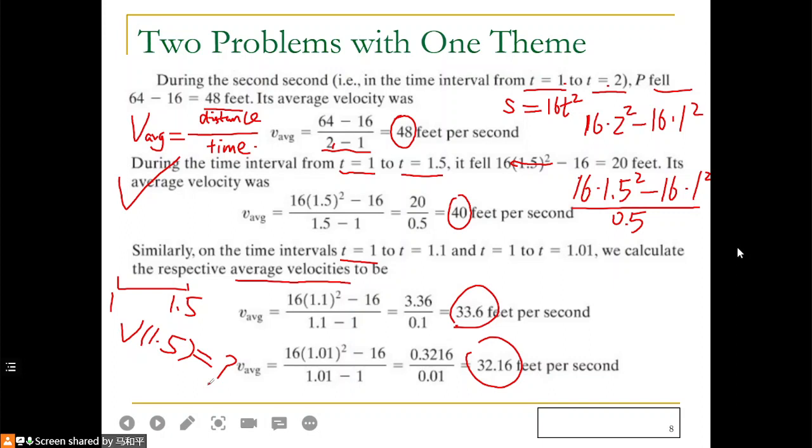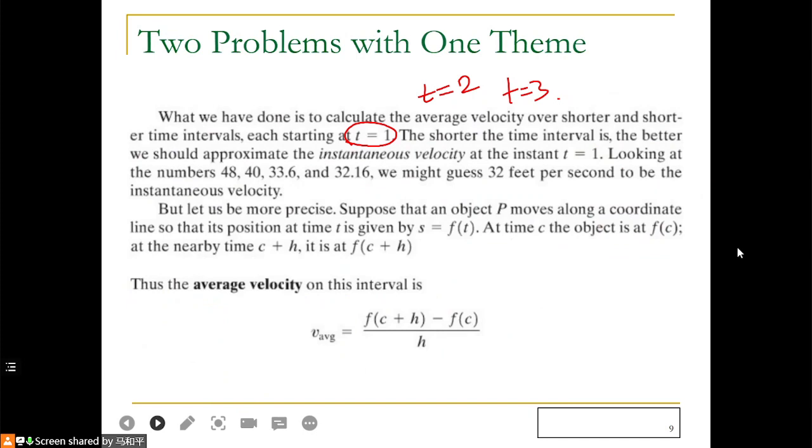This is unknown. We don't know how to calculate it. So how to solve it? We know the shorter the time interval is, the better we can approximate the instantaneous velocity.